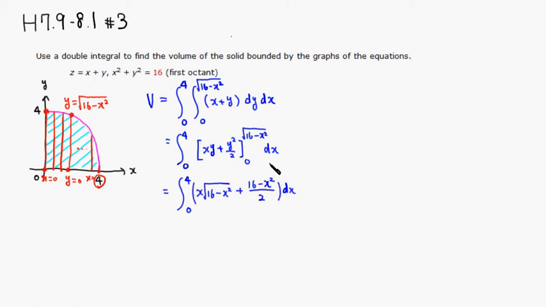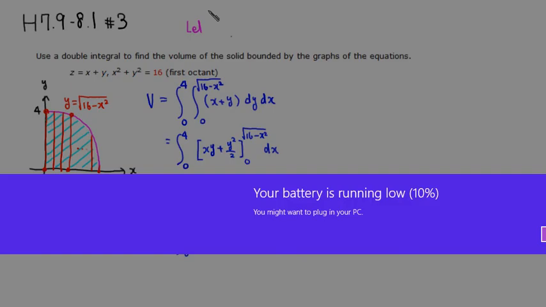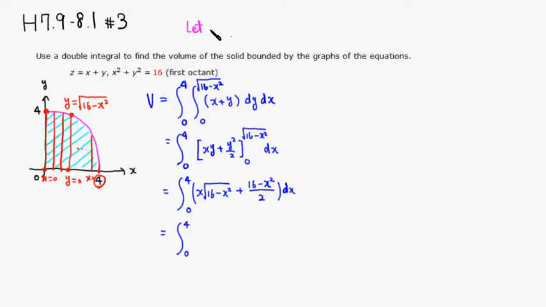I'm going to split this integral into 2. I'm going to look at the integral from 0 to 4, and I'm going to do a substitution already here. Let u equal 16 minus x squared.